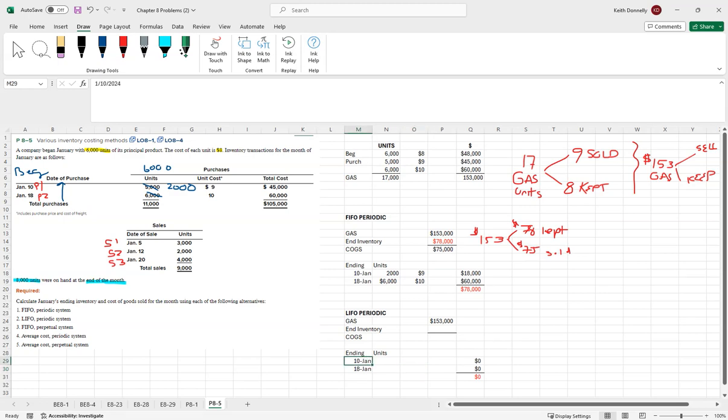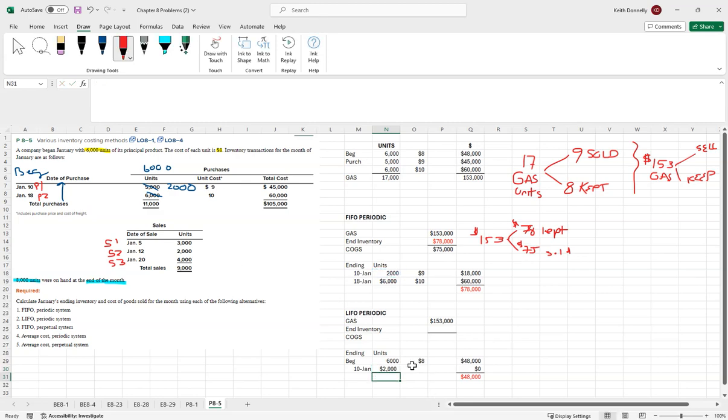right? So we will have in LIFO periodic, right, our beginning inventory of 6,000 units at $8 a unit, and we'll have our purchase on January 10th of, how much is there?